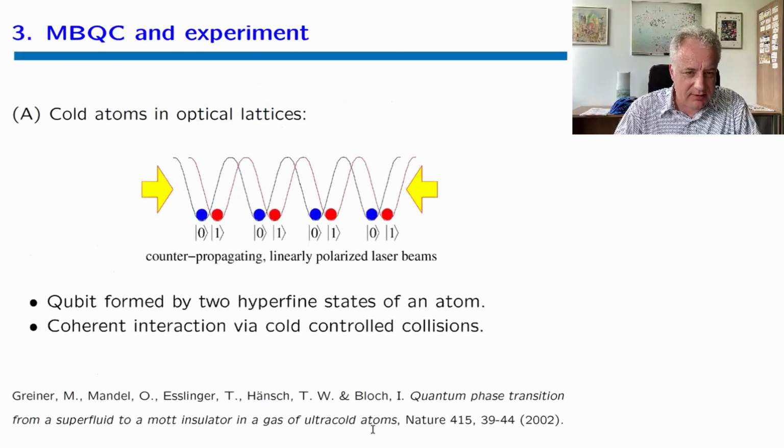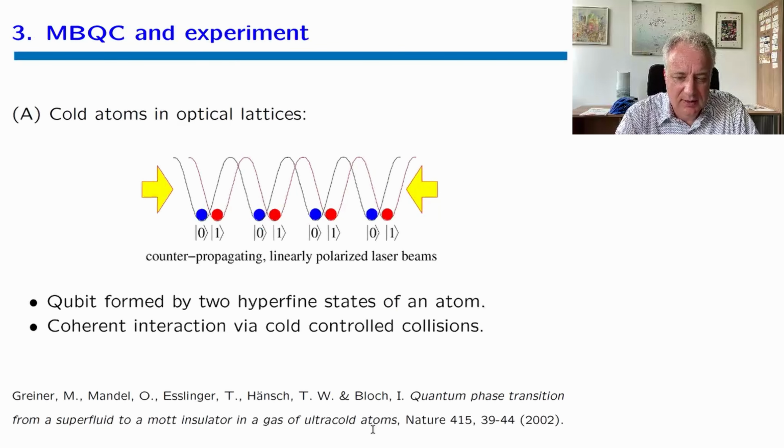Good. Experiment. Okay, so I'm going into early experiments here only. There would be plenty to discuss, but let me just mention the early and fundamental experiments. So here is an experiment made with cold atoms from the group of Immanuel Bloch with Markus Greiner here in front.